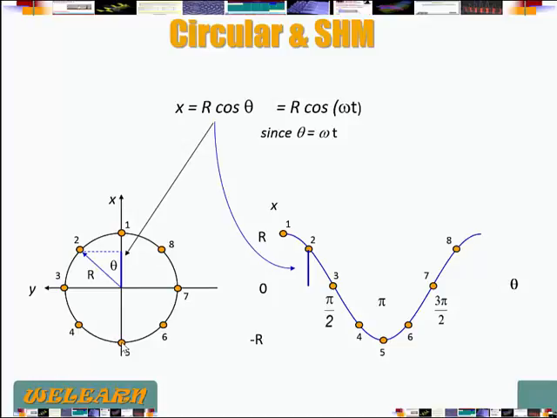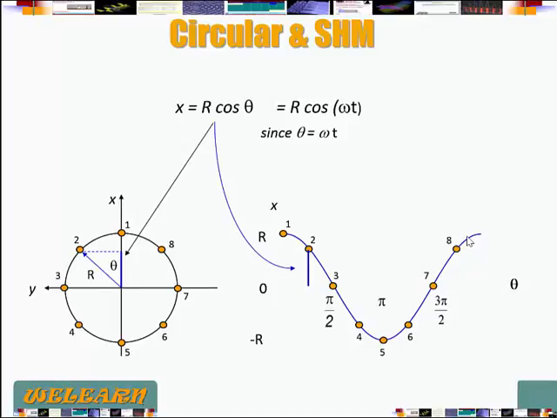For position 5, the x component is minus 1 for this particular case. The angle is pi, so that's what we see. For 3 pi over 2, 270 degrees, we are at position 7. The x component should be 0. There we have it. And as we continue, we are completing a sine function.